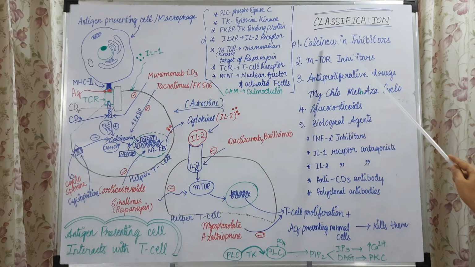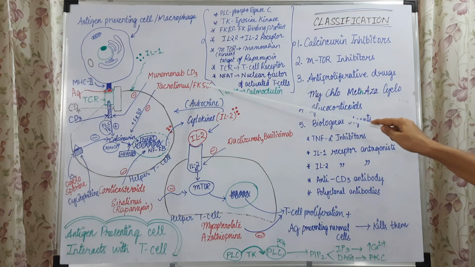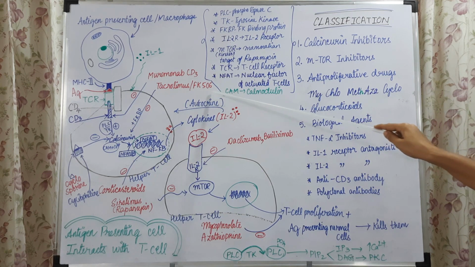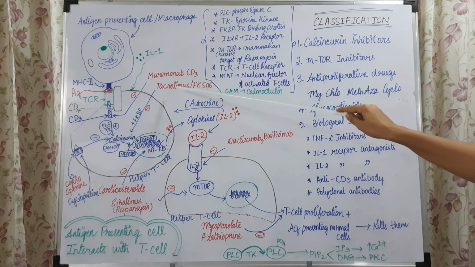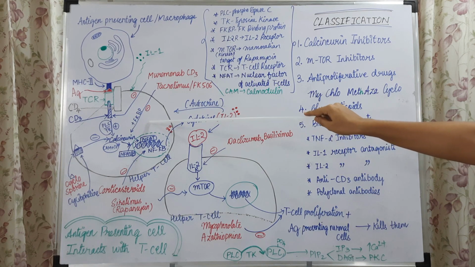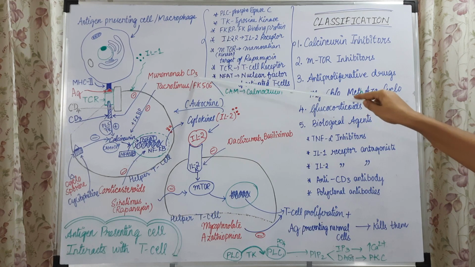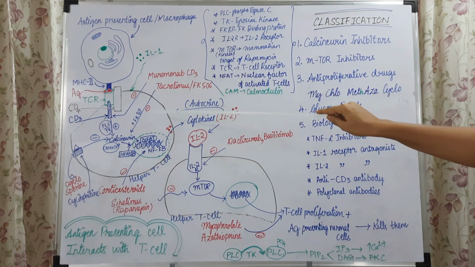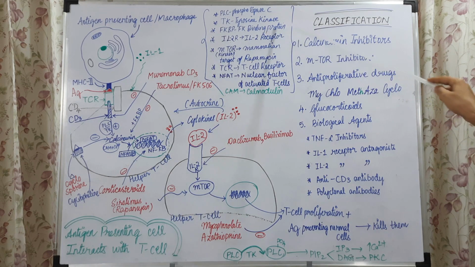The next drug in the calcineurin inhibitors is tacrolimus. The other name for tacrolimus is FK506. Because of this name, the actual protein on which tacrolimus is acting is FKBP. FK is the name of tacrolimus itself, BP is the binding protein, so FKBP is nothing but FK binding protein.